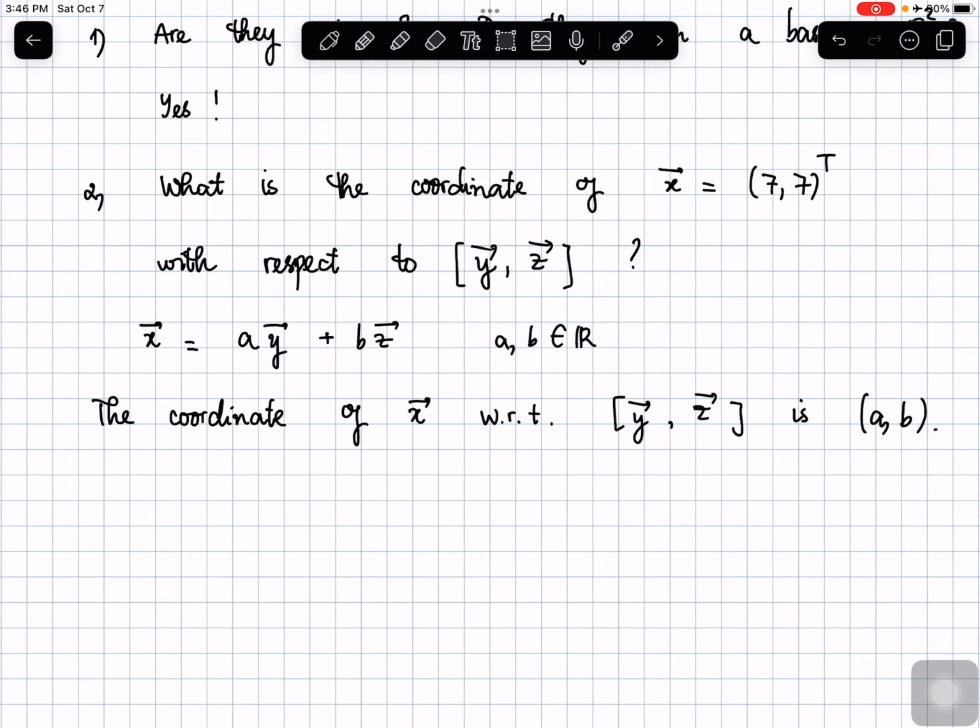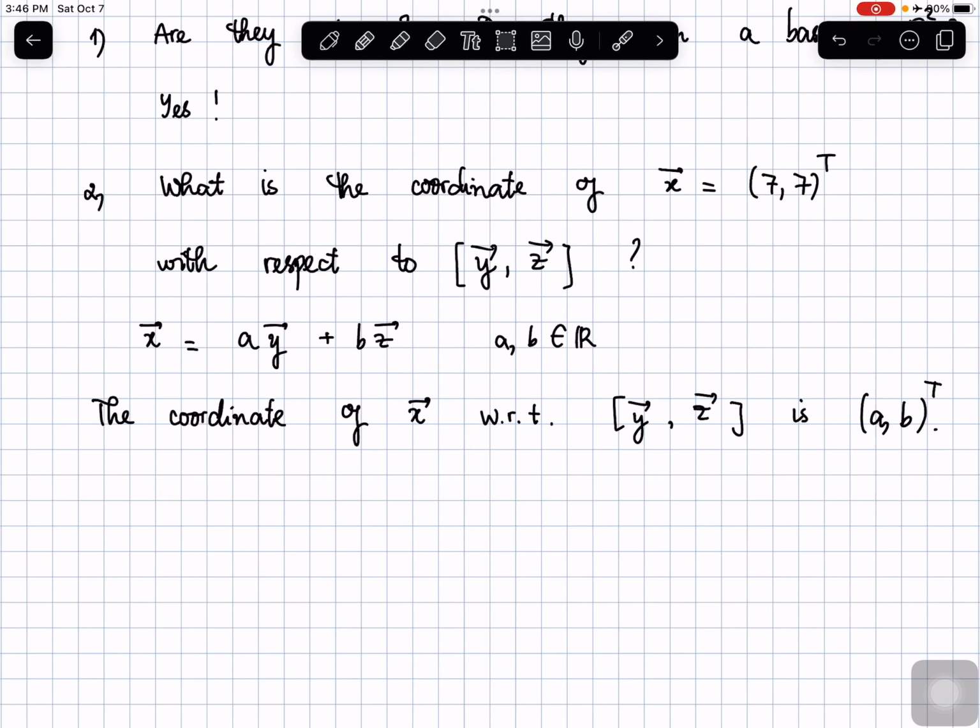This is the coordinate. And since we are working with the column vector space R2, I put transpose here. Okay, now we need to find the scalars a and b. And this is the coordinate of vector x with respect to this basis.